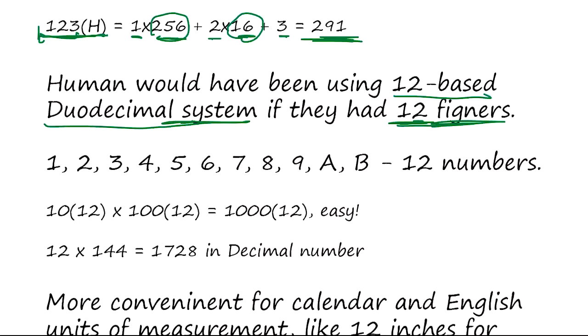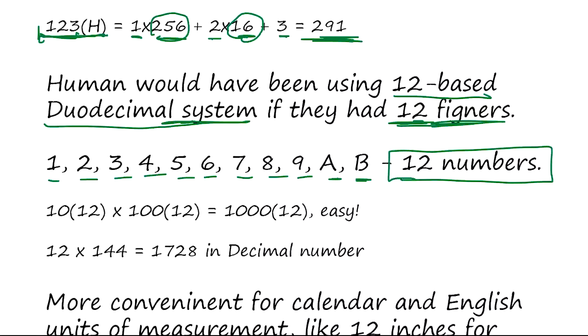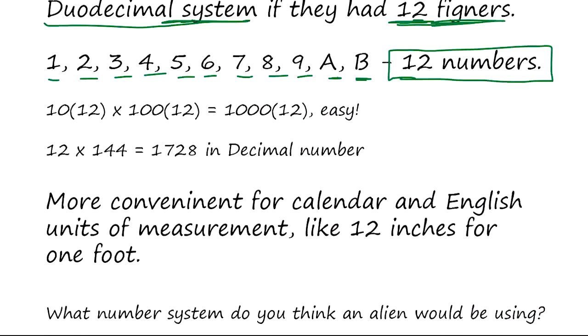So it's going to be 1, 2, 3, 4, 5, 6, 7, 8, 9, A, B. You need new symbols for those numbers. If it's base 12, then just like a decimal number, where 10 times 100 is easy, 1000, but it's base 12. And 12 times 144 is 1728 in decimal.